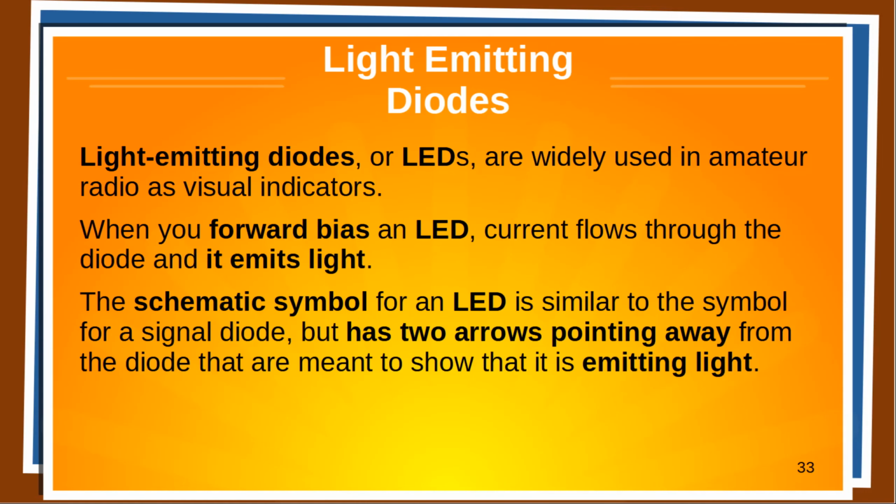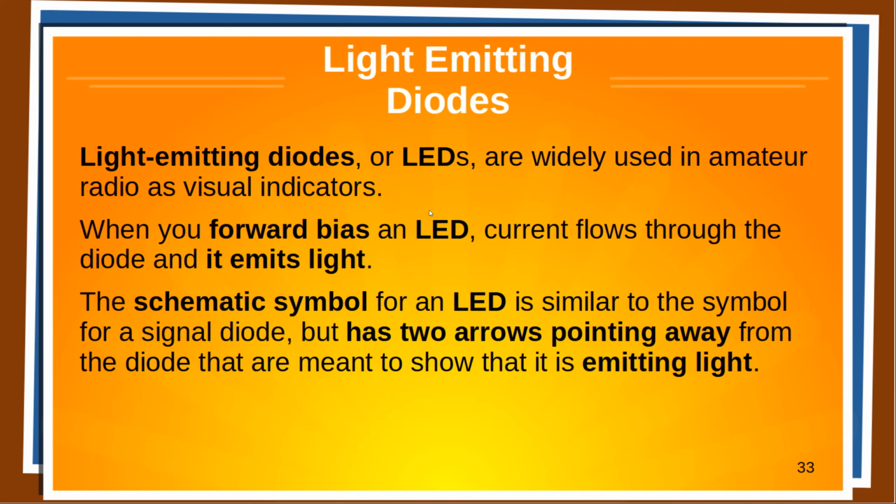And a light emitting diode. There's probably nothing nowadays that doesn't have one or more LEDs in it. It's like a regular diode. When you forward bias it, it conducts. When you reverse bias it, it doesn't. They control the color of the light by the material they use.